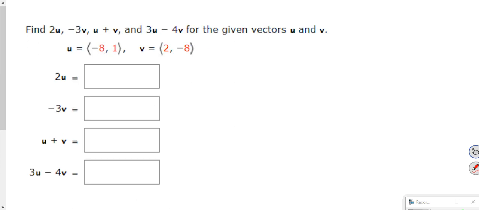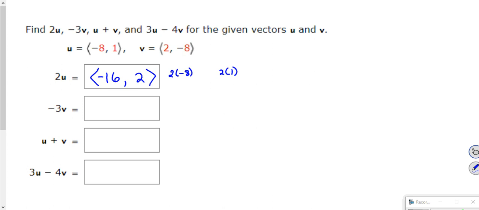All right, now, all we're doing is multiplying or adding or subtracting, whatever. So 2u, you are literally taking 2 times -8 and 2 times 1. Okay? That's all you're doing. So this is going to give me -16, 2.